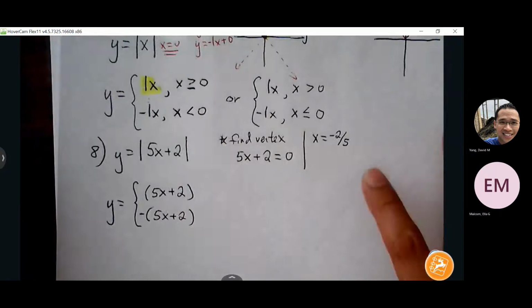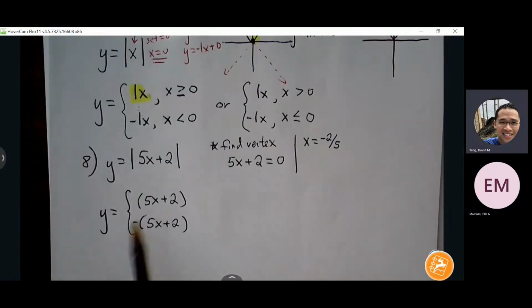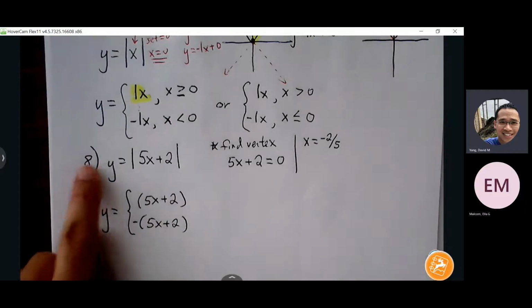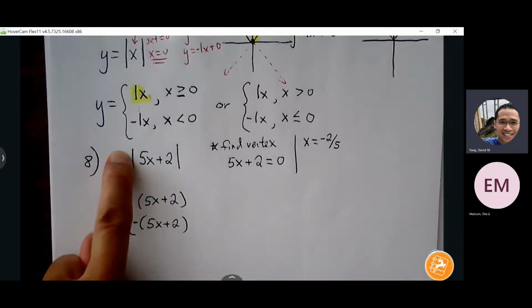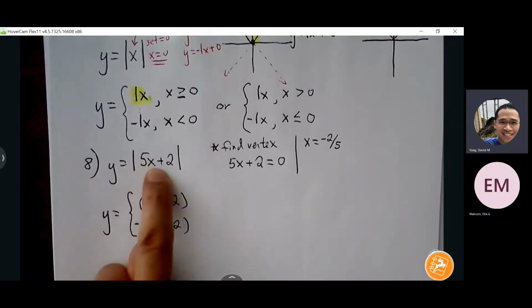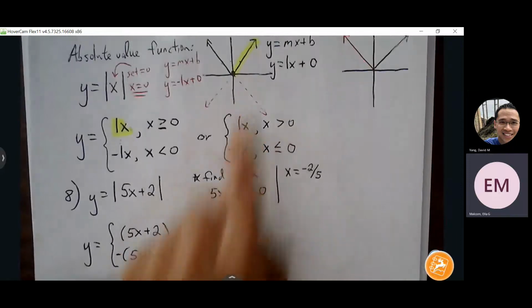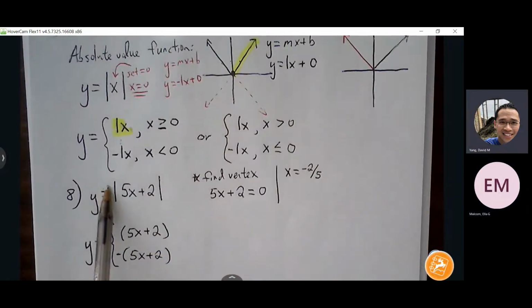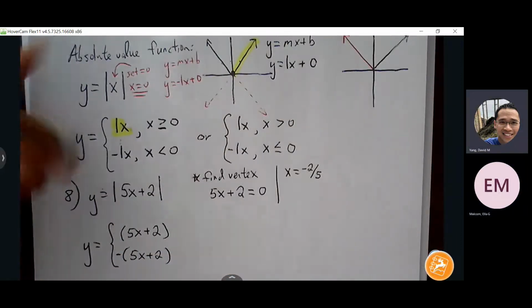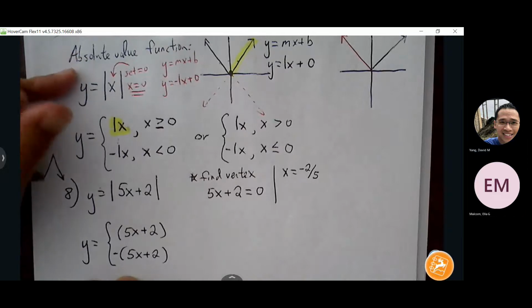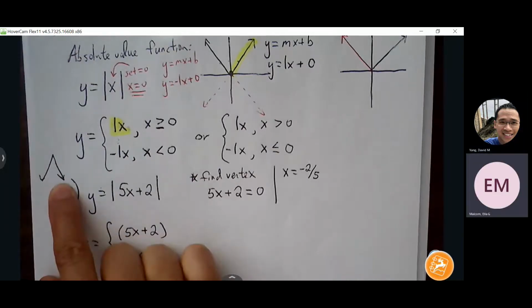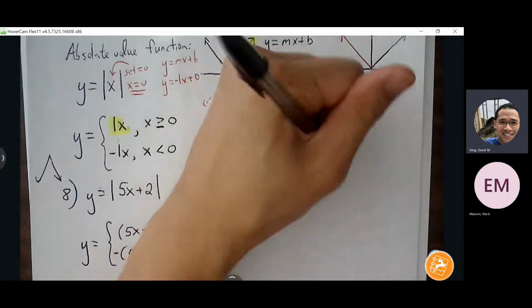Now, you may not know exactly where this graph lives, but the fact that there's no negative sign in front of the absolute value bar means that this graph is going to be a V opening up. If there was a negative in front of the absolute value bar, that means the graph is going to look more like this. But it's positive, so it's going to look like this.